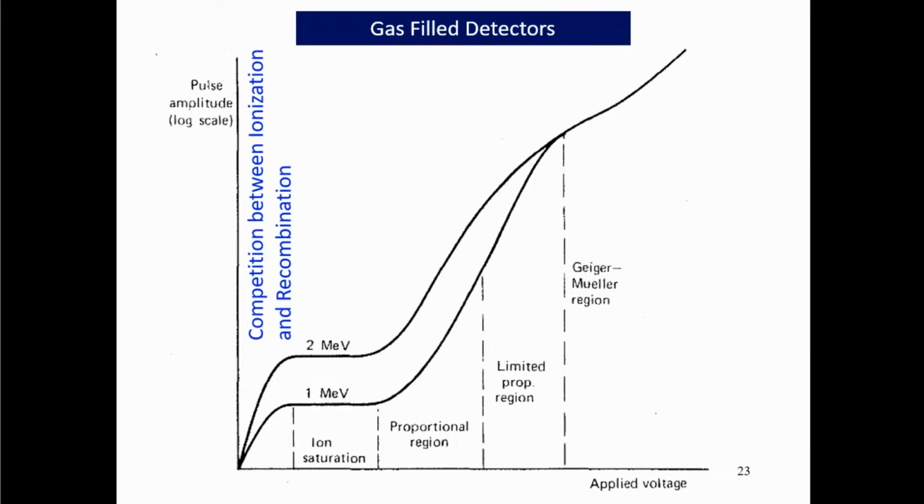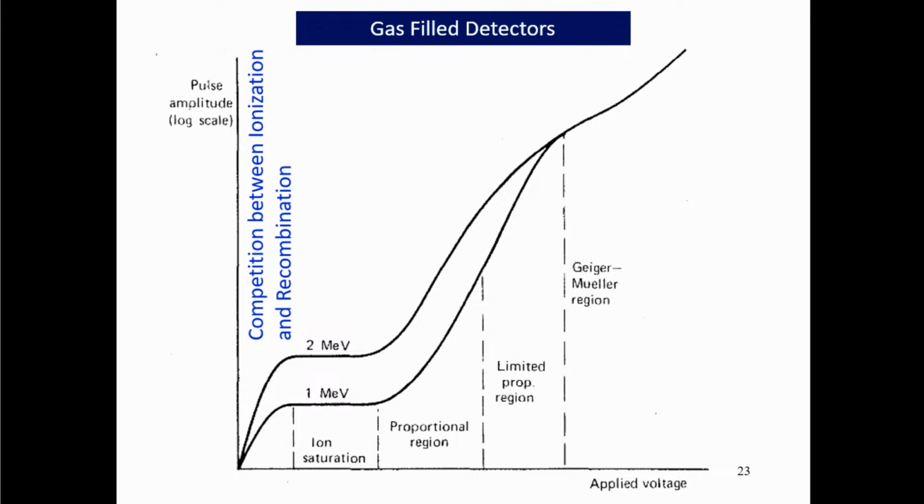In this region there is a competition between ionization and recombination, because you applied some potential. So, you started collecting the charges, but at the same time there is a possibility of recombination also. You are not able to completely collect the charges unless you attain a certain voltage at which recombination has become insignificant.